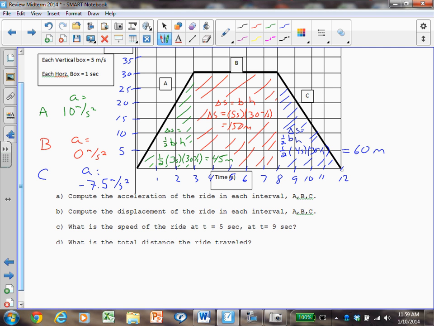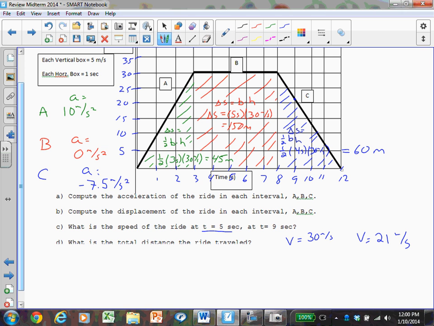What is the speed of the ride at t equals 5 seconds? 30 meters per second. How about 9 seconds? About 21 meters per second. You could just estimate.